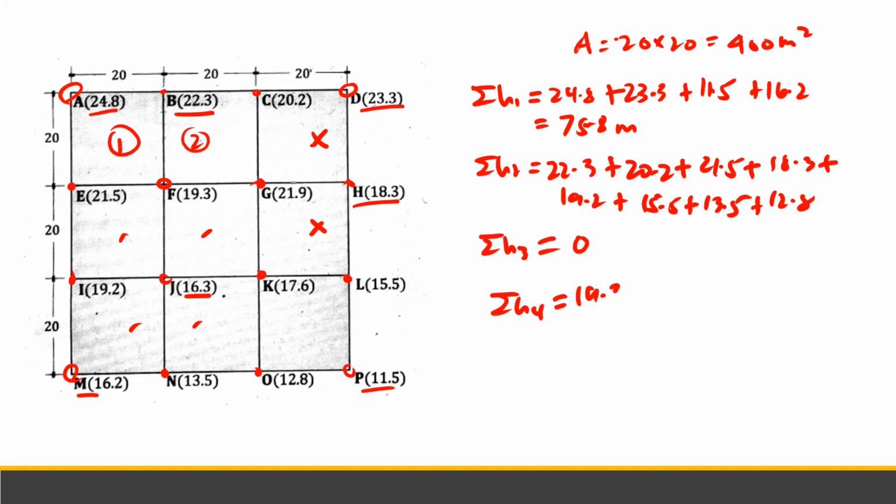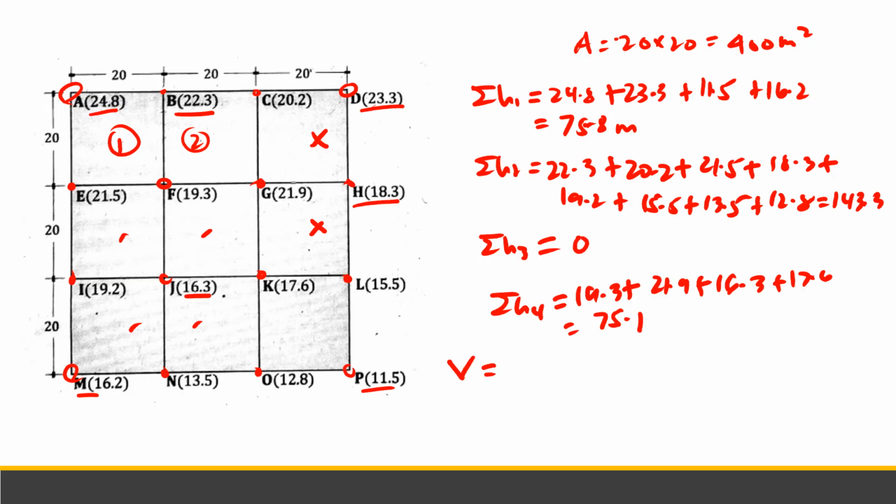So, 19.3 plus 21.9 plus 16.3 plus 17.6. So, that is equals to 75.1, and summation of H2 is equals to 143.3.